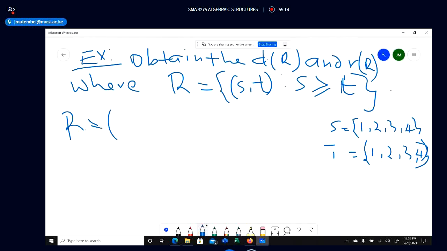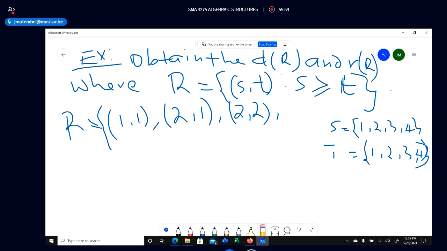So my ordered pairs will look like this. I can have (1, 1) for equality. I can have (2, 1). I can have (2, 2). Then (2, 3) will not belong here because 2 is less than 3. I need the first entry to be greater than or equal to the second one.